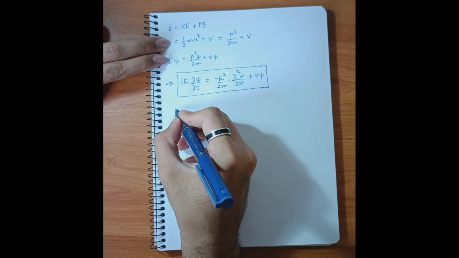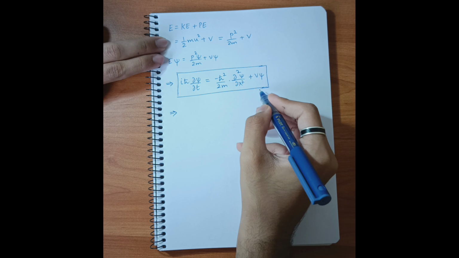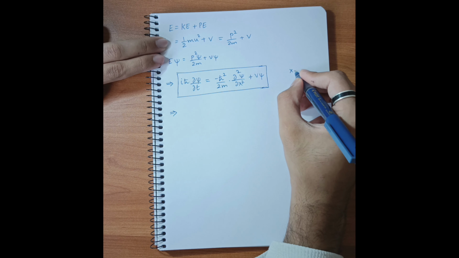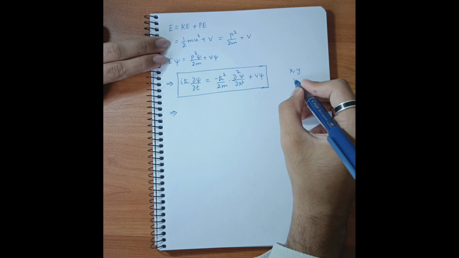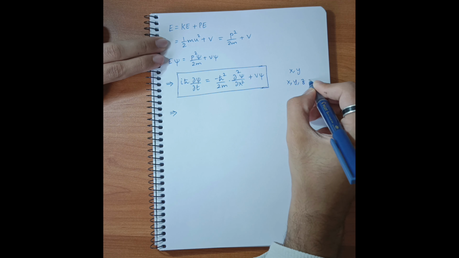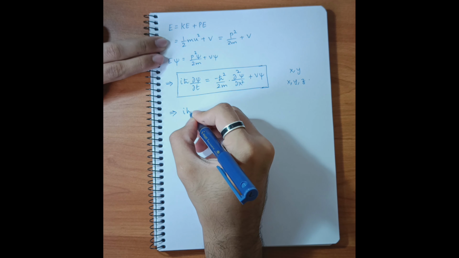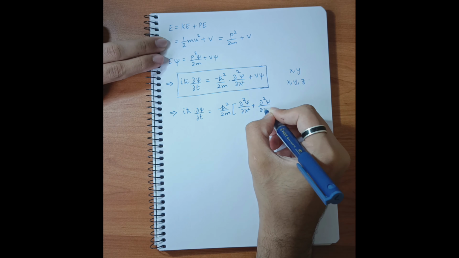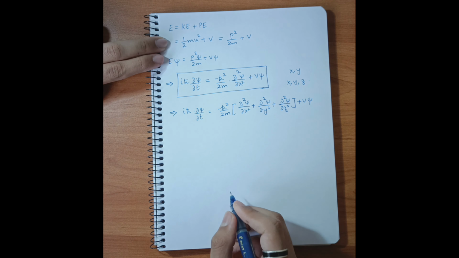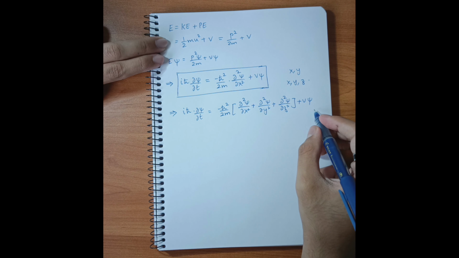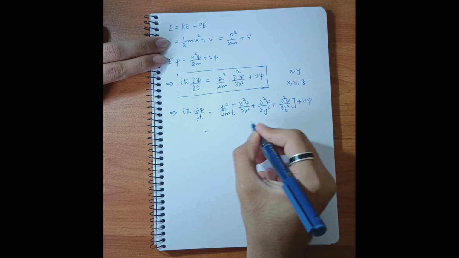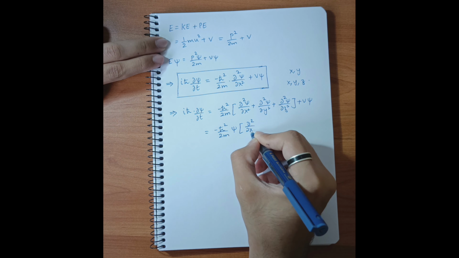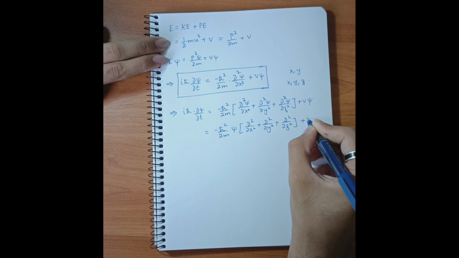If we consider the particle moving in 2 dimensions or 3 dimensions, we can take multiple variables. Now in 2 dimensions we have x and y, in 3 dimensions we have x, y and z. So the equation can be written accordingly.